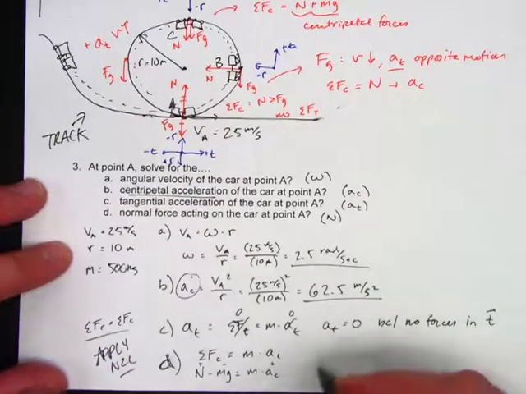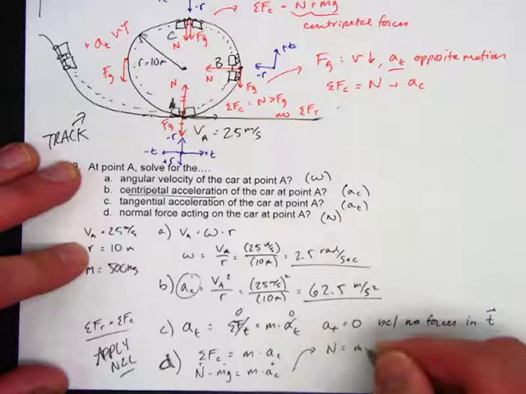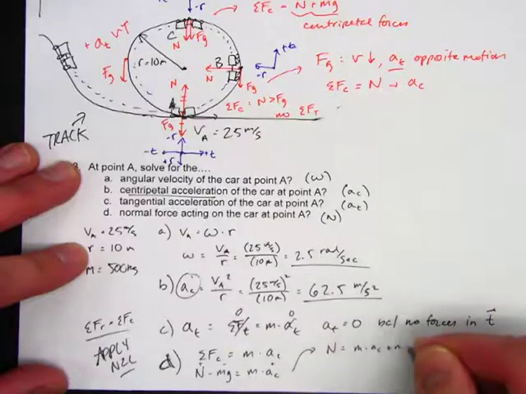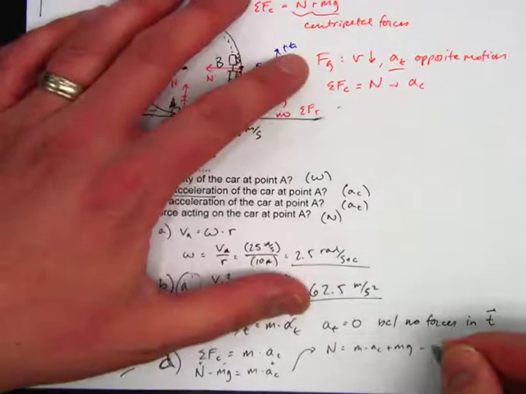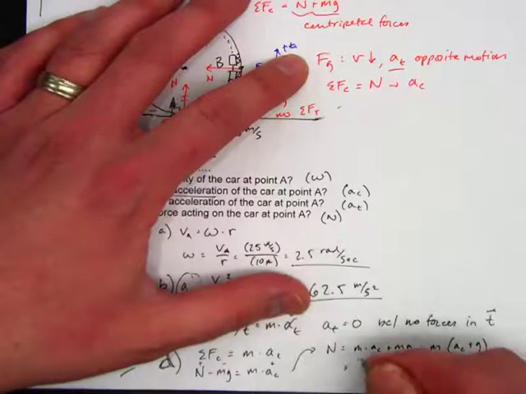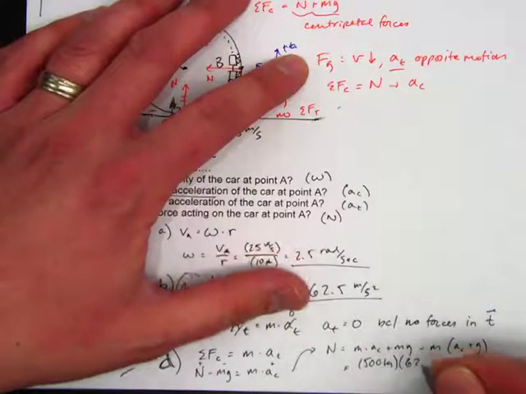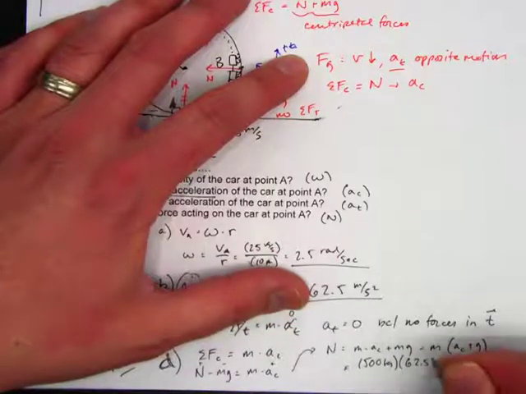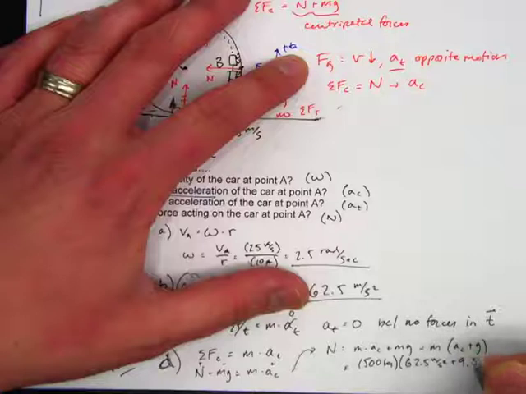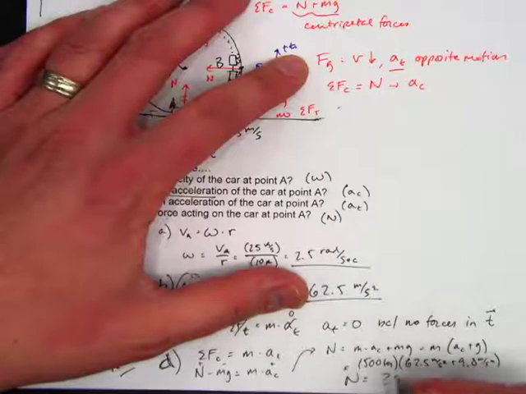So to solve for the normal force, I get the normal force is equal to m a sub c plus mg. This will be the mass times a sub c plus g, which is 500 kg times 62.5 meters per second squared plus 9.8 meters per second squared, giving me an overall normal force of 36,150 newtons.